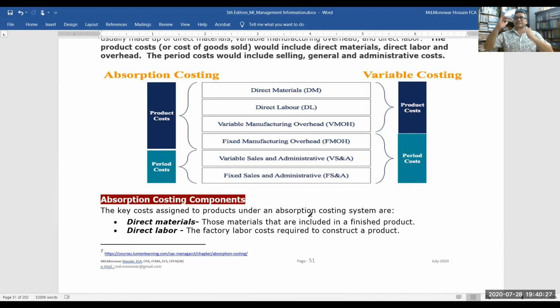That's why the profit under variable costing and absorption costing differs: in absorption costing, a proportion of the fixed manufacturing overhead is included within the closing inventory, but not in variable costing closing inventory. So that's why there is a difference.